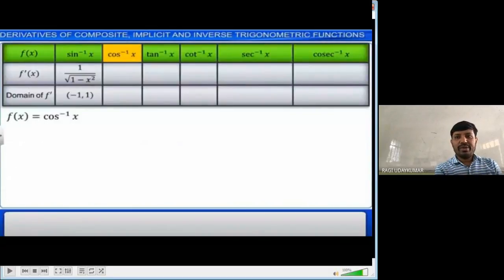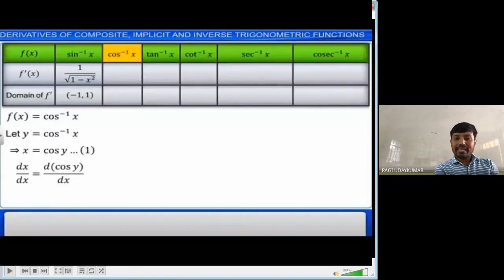Cos inverse y you take. So in the same process, y equals cos inverse x, so x is equal to cos y. Differentiating, we are going to get minus sin y dy by dx, because the differentiation of cos y is minus sin y. So dy by dx is equal to minus 1 by sin y.